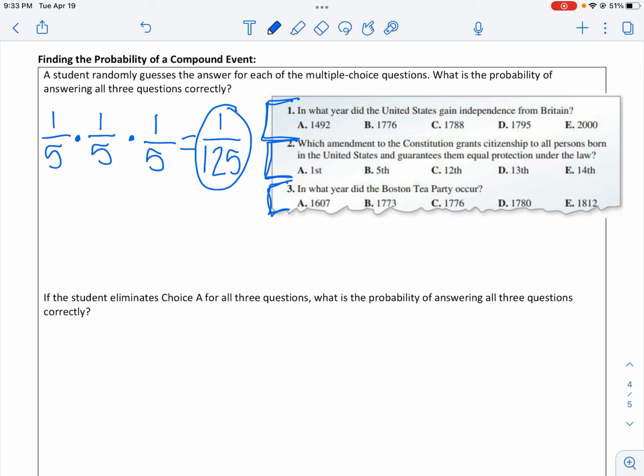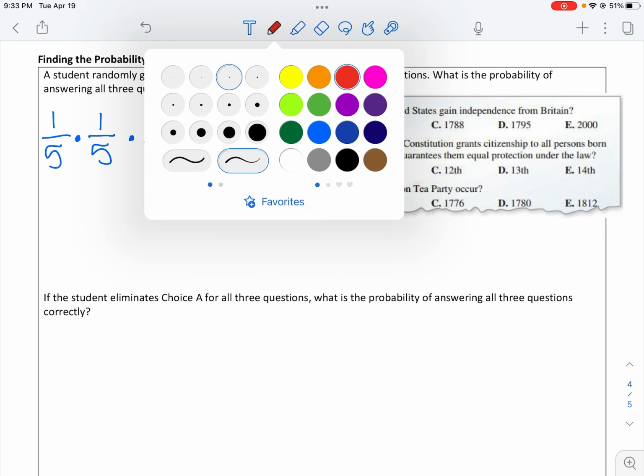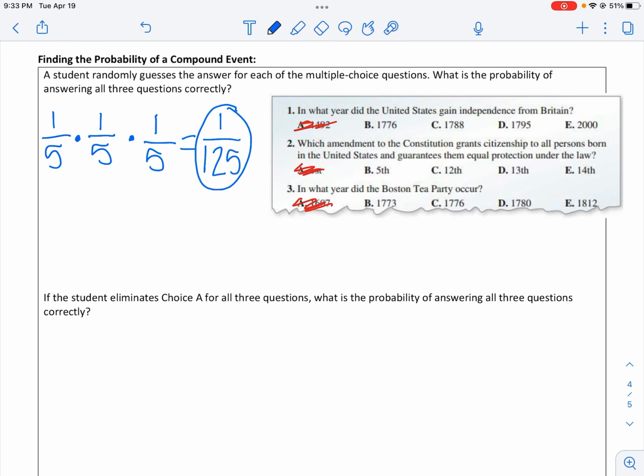Well, then it says, if the student eliminates choice A for all 3 questions, what is the probability of answering all 3 questions correctly? So, we're going to get rid of this one, and this one. So we'll just pretend the student knows that those are just wrong. Okay. So now, what is the probability of answering all 3 questions correctly?